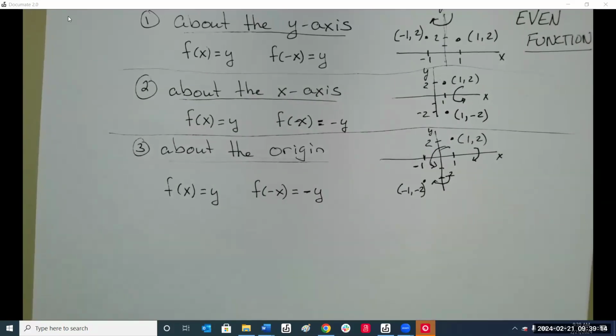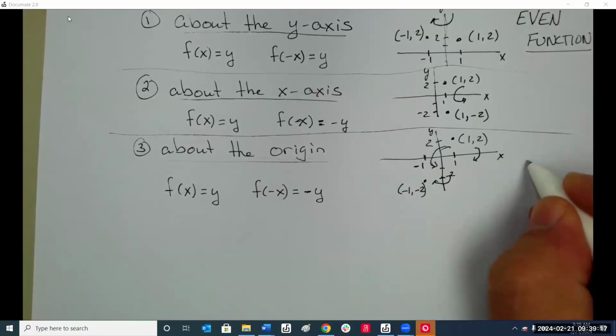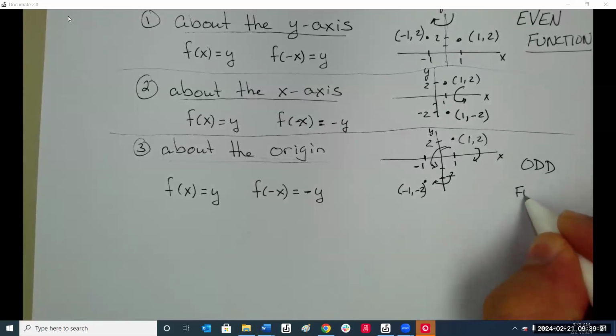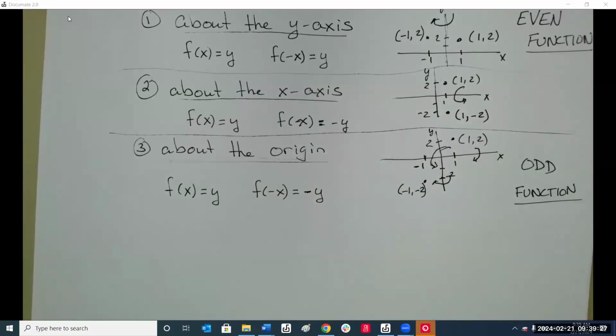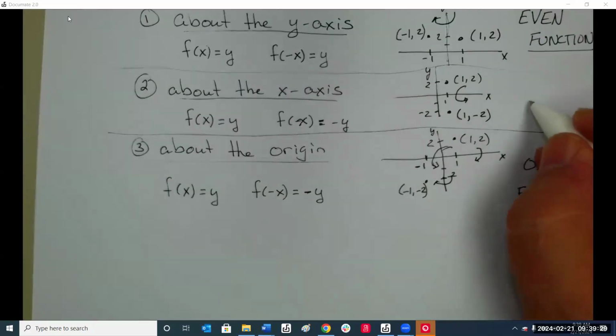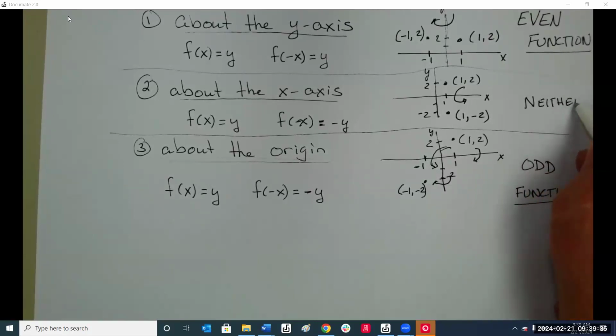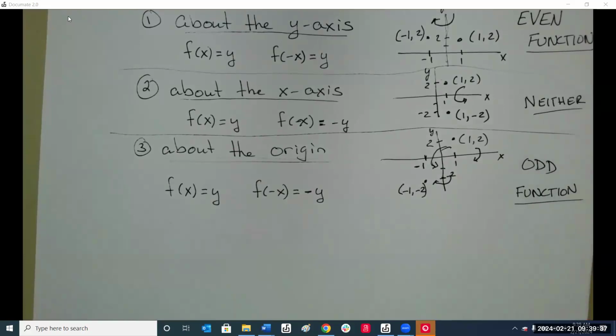It's the same numbers, they just change signs. This is what we call an odd function. And neither if it's symmetric about the x-axis, because it's not a function.